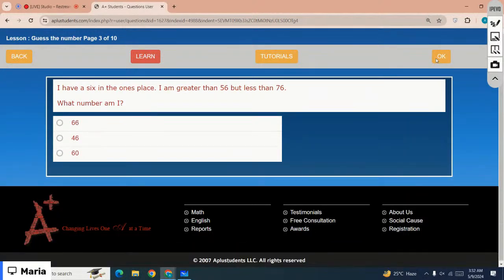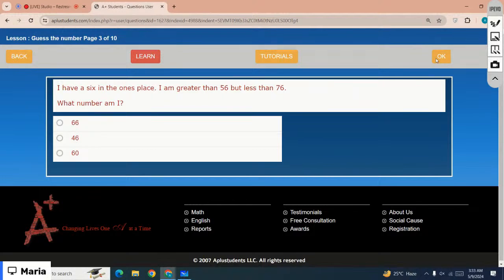I have a 6 in the ones place. I'm greater than 56 but less than 76. What number am I? Which is the correct option? You have 6 at the ones place and the number is in between 56 and 76.